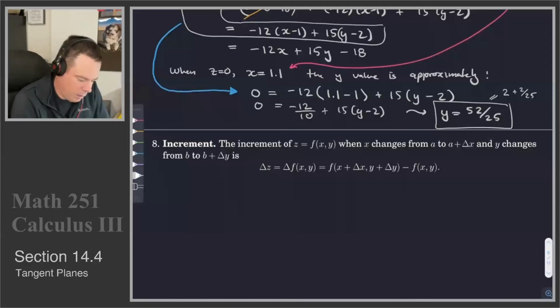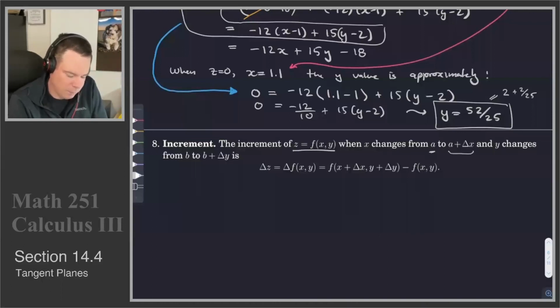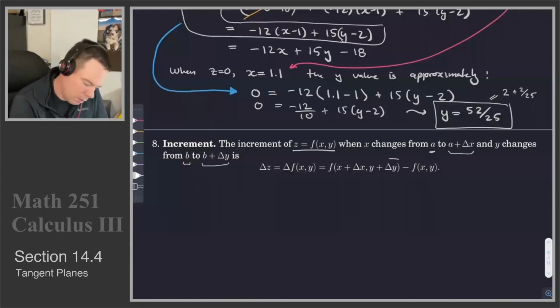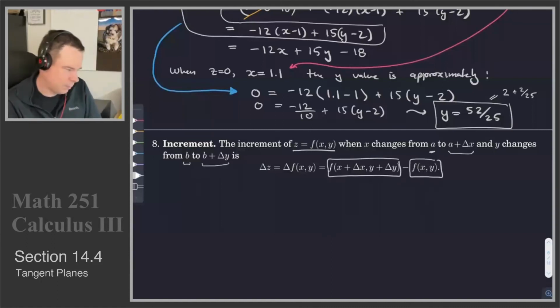So if I have a function f, which gives me z values for inputs x and y, and I change my input x from a value a to a value a little bit away, and I also change my value y from the value b to something a little bit away, then the increment is how the function value changes. So it's the function value at the point you've moved to minus the function value at the point you were just at.